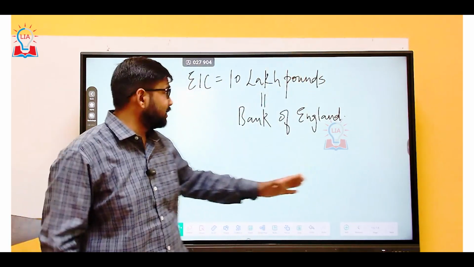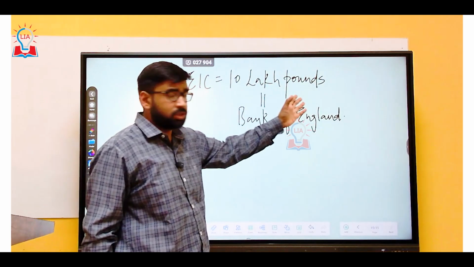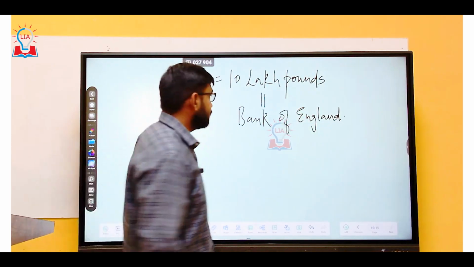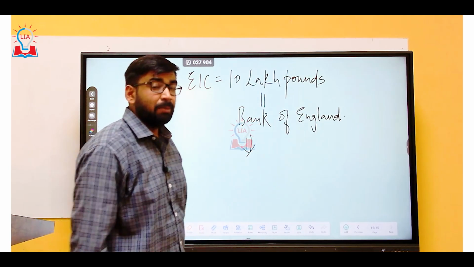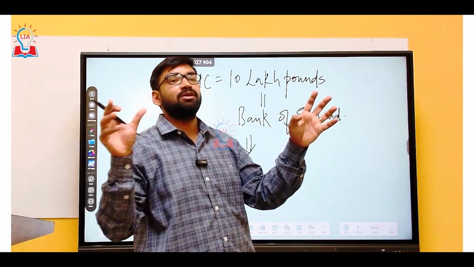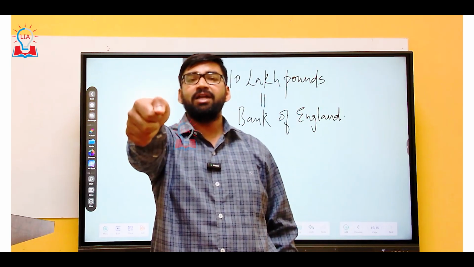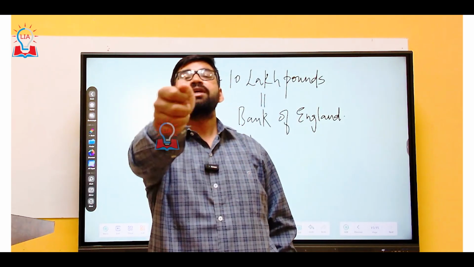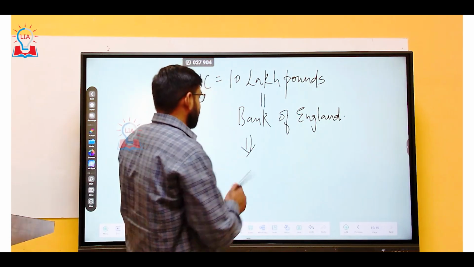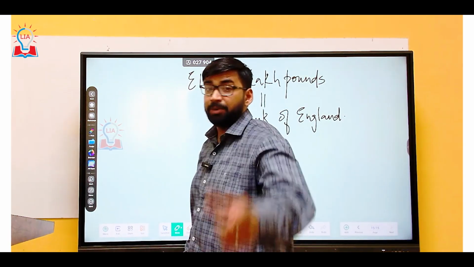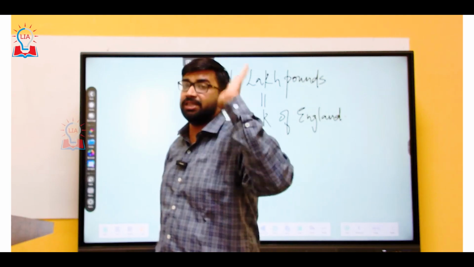So the moment East India Company took a loan of 10 lakh pounds from the Bank of England, the British Parliament got the opportunity to put their hands on the affairs of East India Company, and said that now we will regulate East India Company.